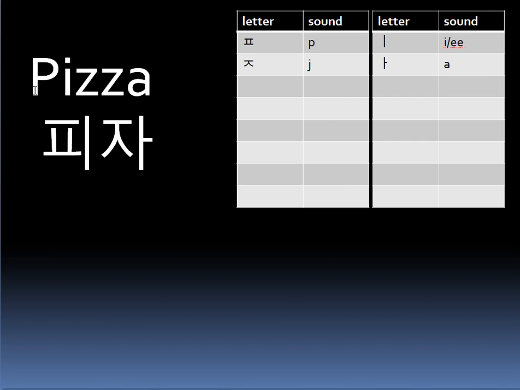Here, this is the first word, pizza. By the way, this is the kind of layout we're going to use for a while. First, in this table, we're going to put the consonants we learn, so we'll add them one by one. The first column is the Korean letter, and the second is the pronunciation, the sound.